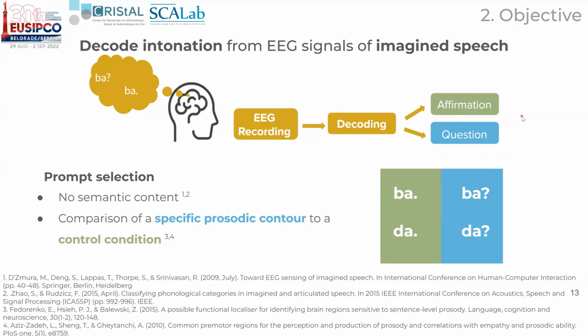We chose 2 syllables, ba and da, with no semantic content to not trigger cortical activity linked to semantic processing. So we have 4 different conditions: ba and da as affirmations and ba and da as questions.